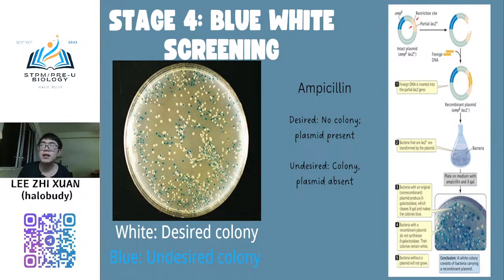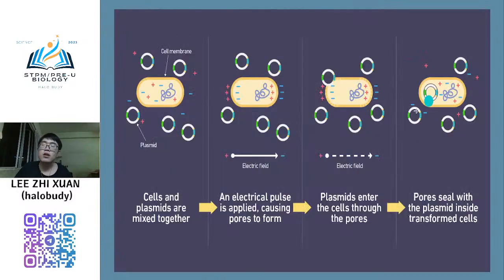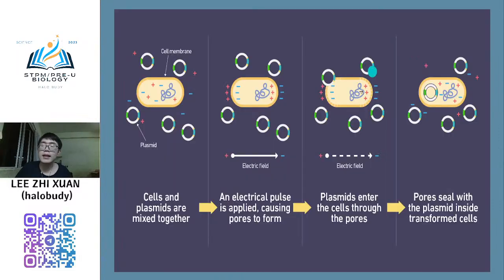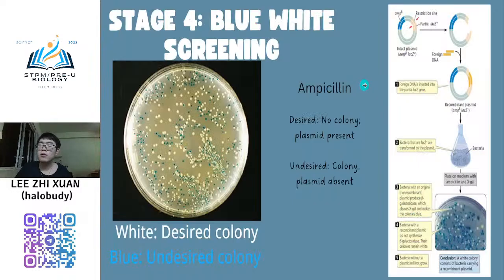The ampicillin is just to make sure that transformation occurs. For host cells that had no transformation, like competent cells, if after transformation a competent cell still exists, it will die. Just pour ampicillin, and the bacterial cell will die because it has no plasmid. Ampicillin will kill that bacteria.